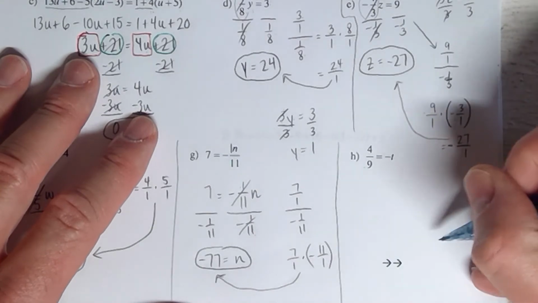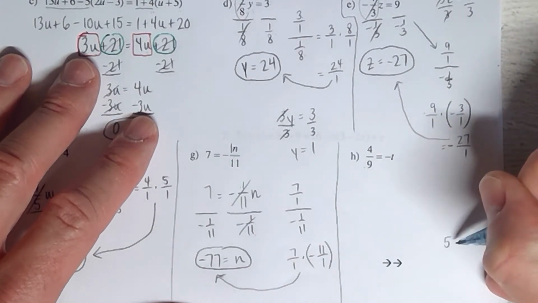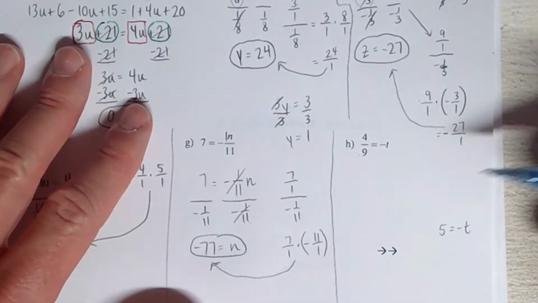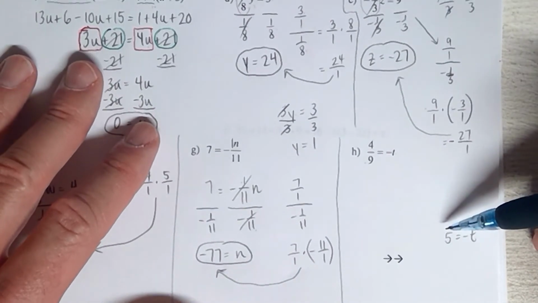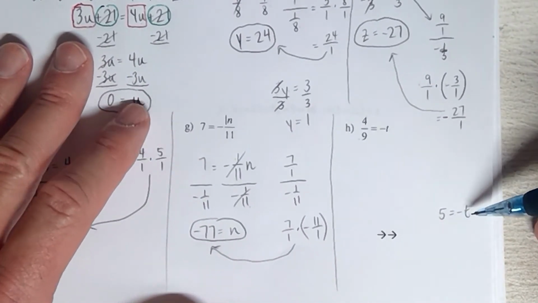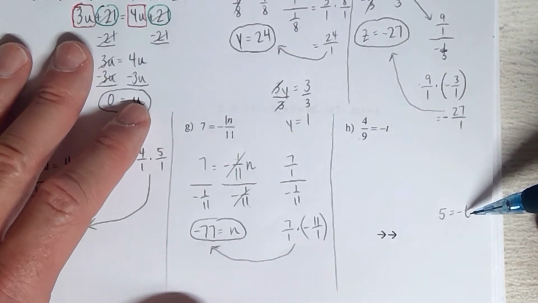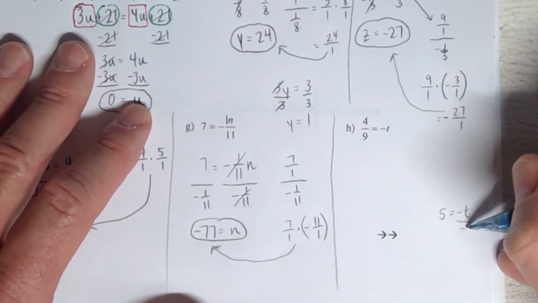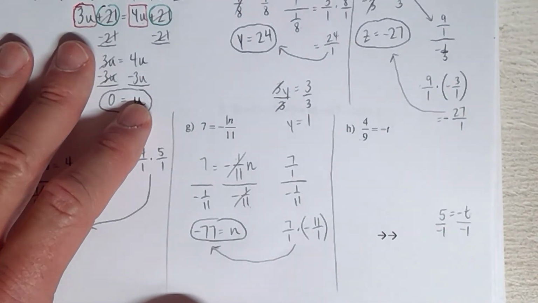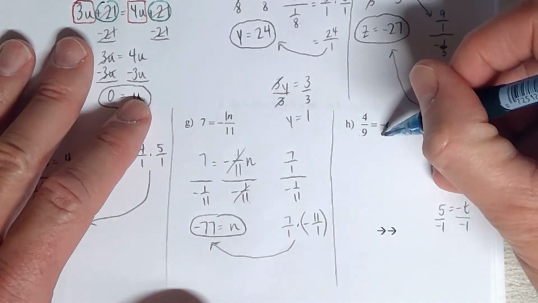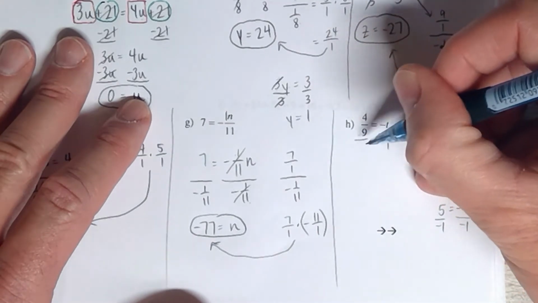Like, for example, I'll just say 5 is equal to negative t right here. So if I pretend like the 4/9 is a 5, my point is that you do the same steps in the real problem that you do in this practice problem down here. Wouldn't I divide by negative 1 to get the t by itself? So wouldn't it make sense to divide this by negative 1 as well?